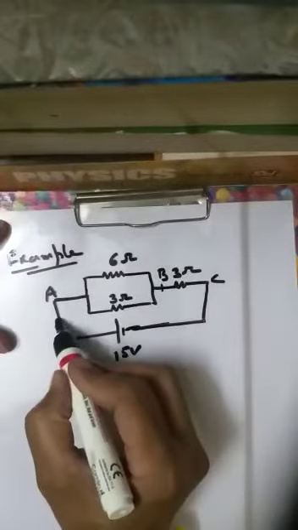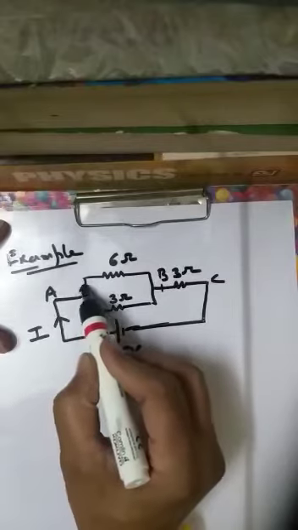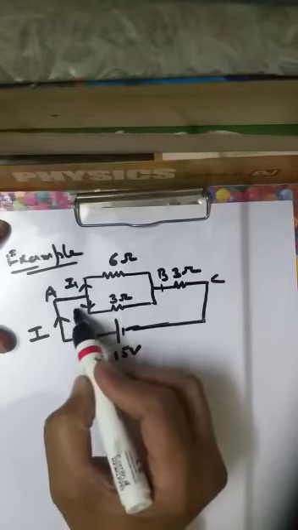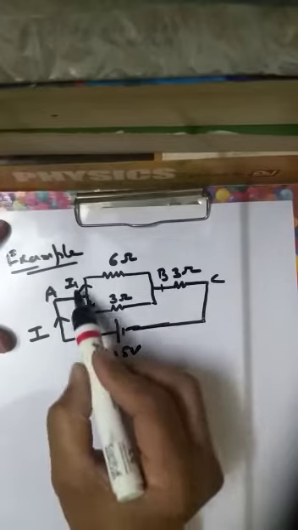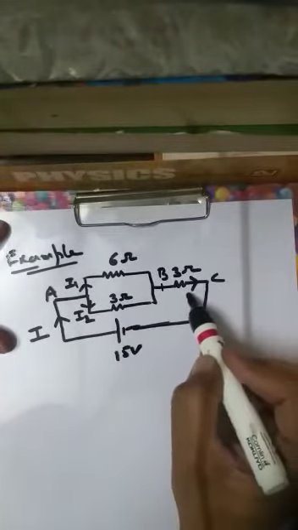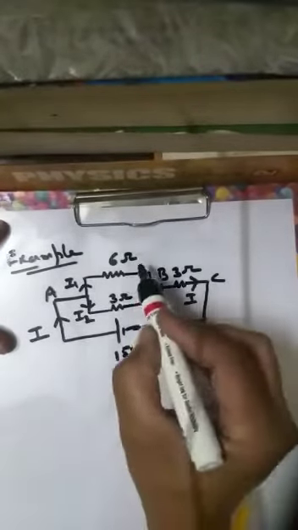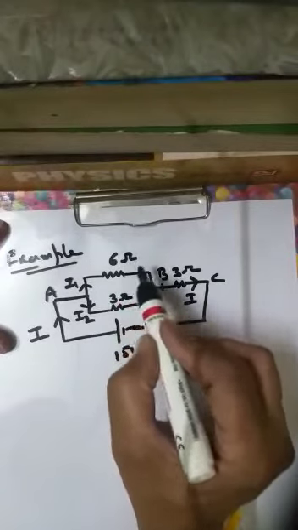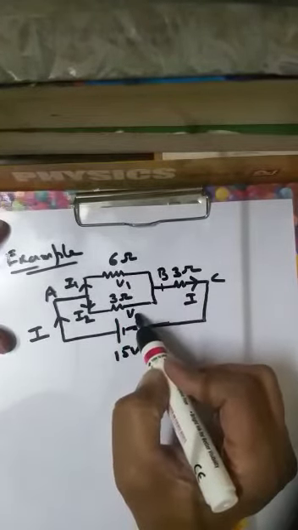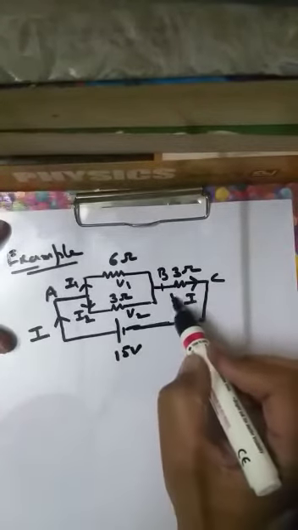Now we flow the current I. Here the current divides, so here goes I1 and I2. This I1 and I2 combine, and in this direction again we get a current I. Now we assume the potential difference across 6 ohm is V1, across 3 ohm is V2, and across this 3 ohm is V3.